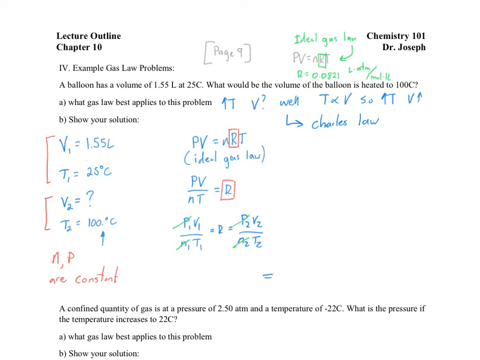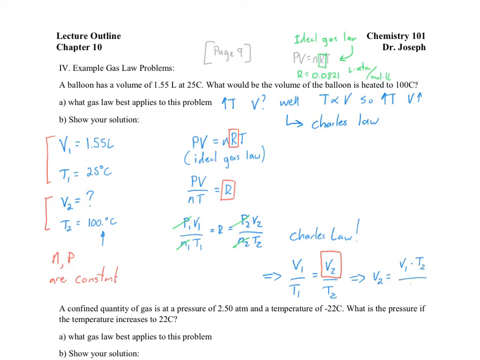Because of this, we can cross out the pressure and the moles on both sides of this equation. This leaves us with the expression for Charles' law, which is V1 over T1 equals V2 over T2.